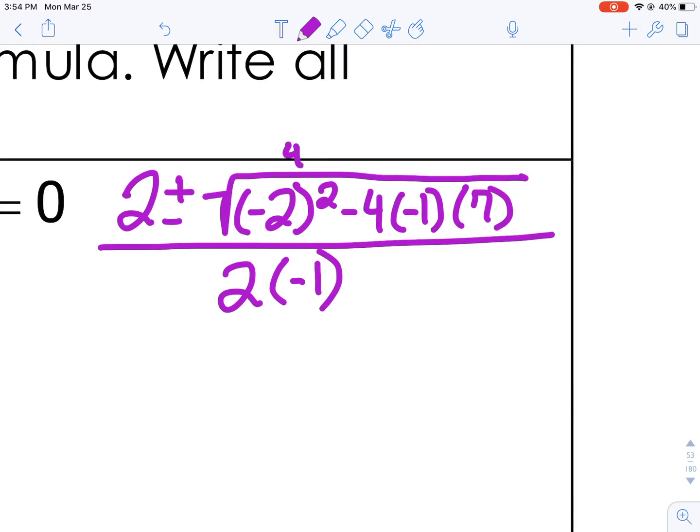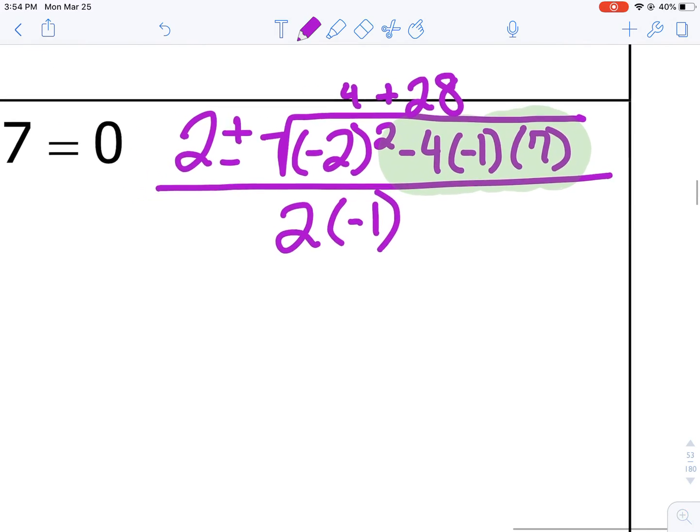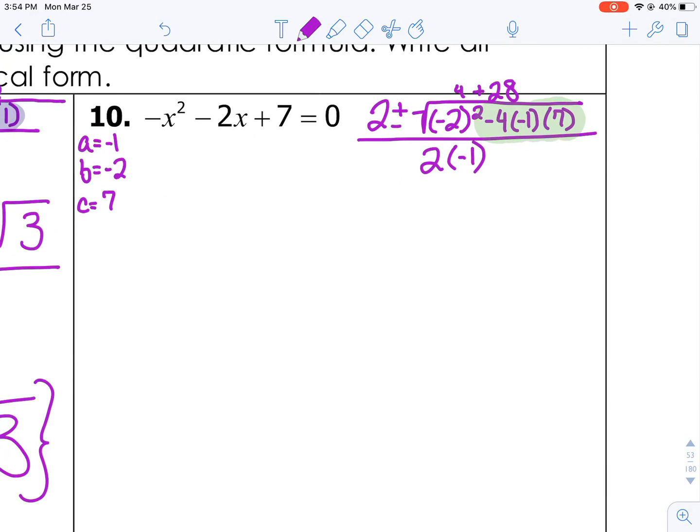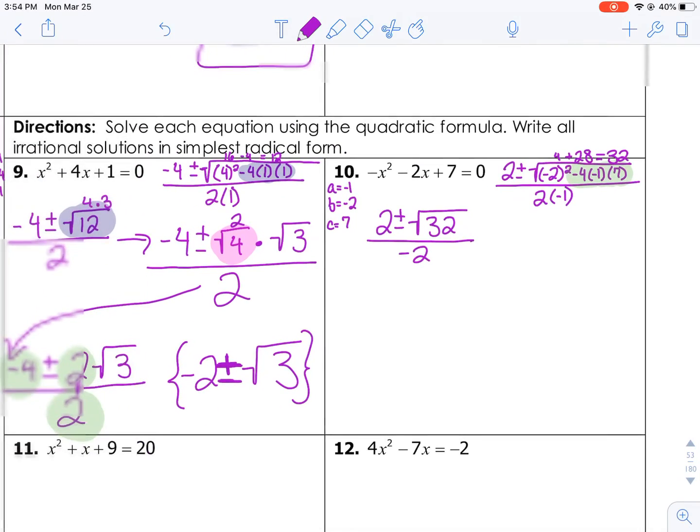Negative 2 squared is going to give me 4. Negative 4 times negative 1 is going to give me a positive 4. Positive 4 times 7 is going to give me a positive 28. So I'm really working with 2 plus or minus the square root of 32, because 4 plus 28 is 32, all over -2.